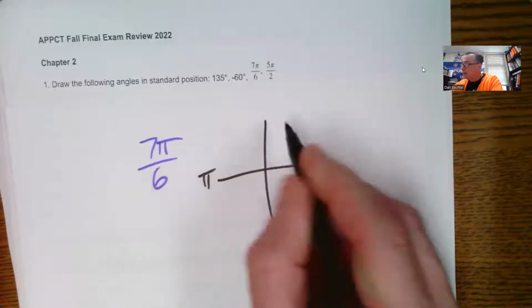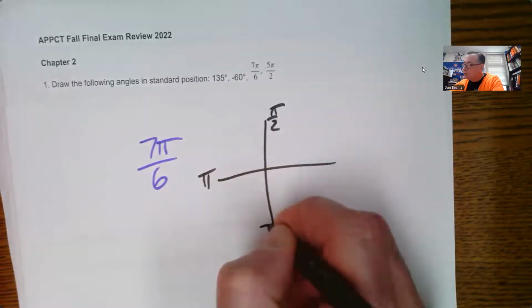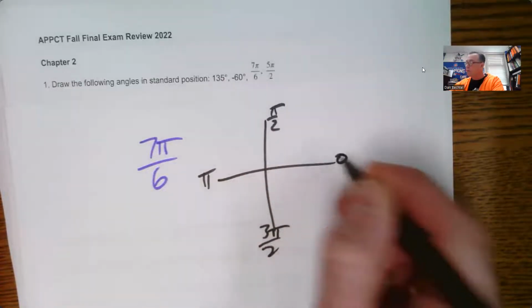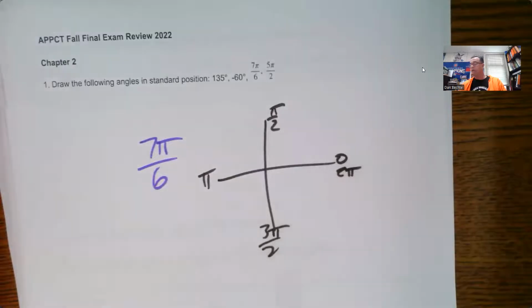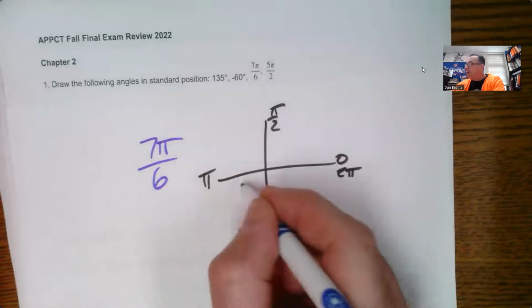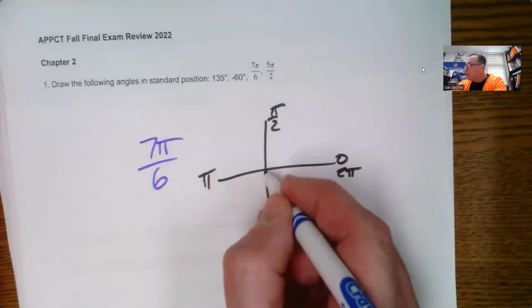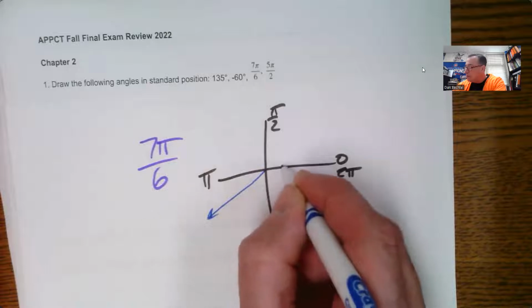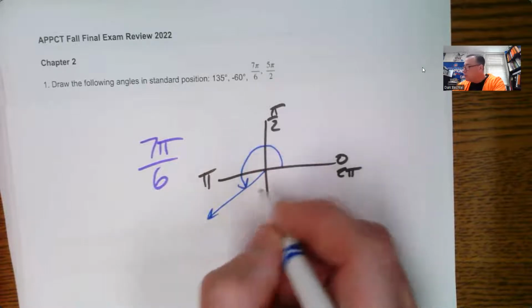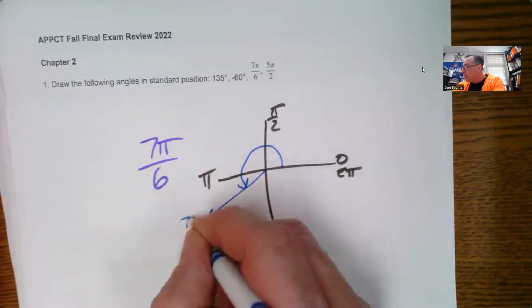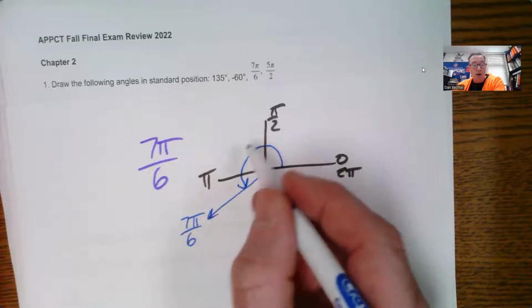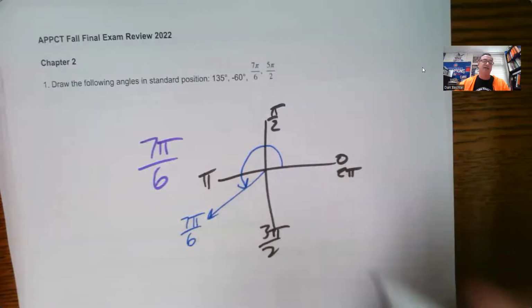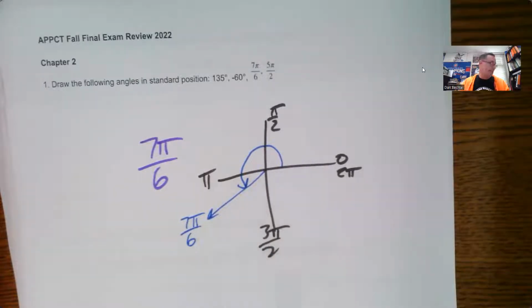Since this is pi, this will be pi over 2, this will be 3 pi over 2, and this will be 0 or 2 pi. What we'll do for 7 pi over 6 is to recognize that since it is larger than pi, it is going to be pi over 6 more than that. That works out to about 30 degrees. So that'll sit right about there. From here around to here, this will be our 7 pi over 6 because it is one more than just the pi. With 6 over 6, it would be pi.